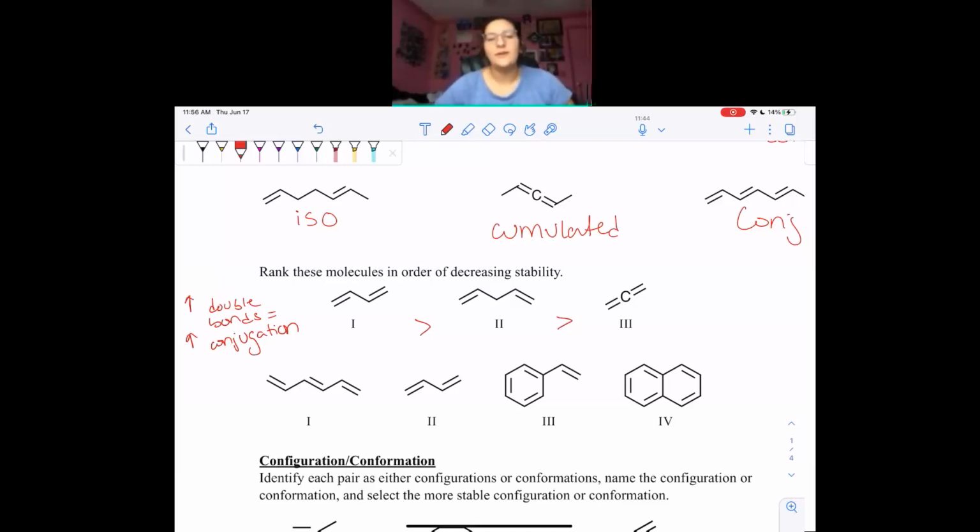So the more double bonds, the higher the level of conjugation. The higher the level of conjugation, the more stable. So basically, the more double bonds we have, the more stable this is going to be. With that in mind, I will give you a couple seconds. Please give me a guess of most to least stable.